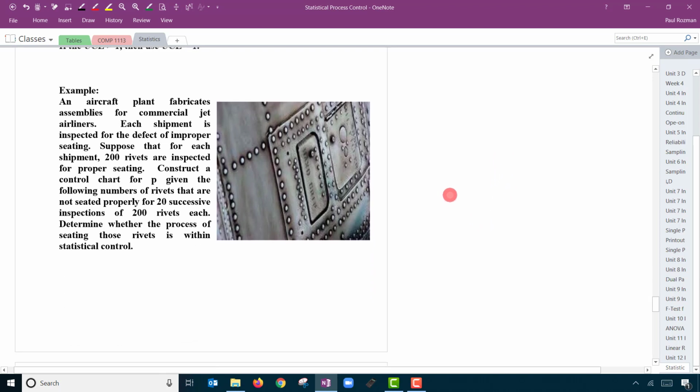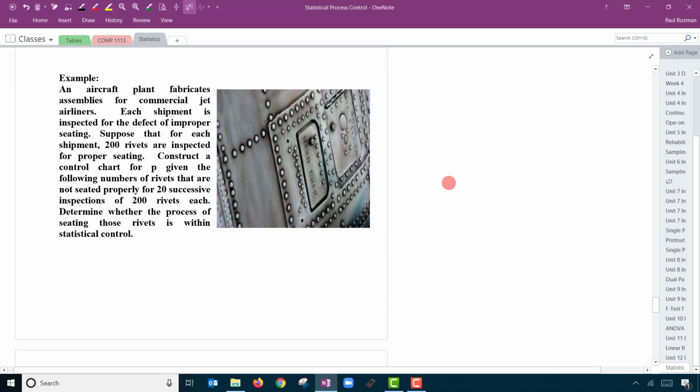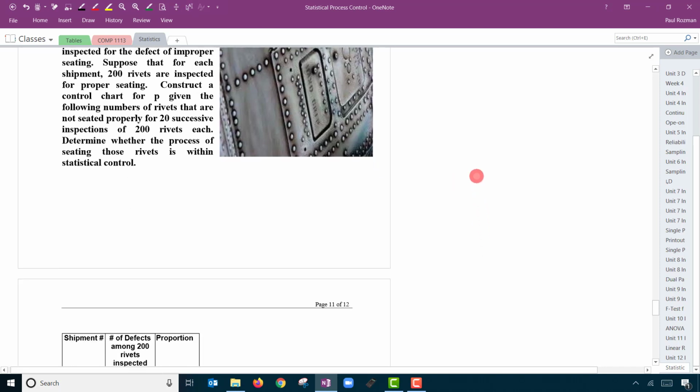Quick little example here. We're going to put rivets into something. You put 10,000 rivets in an airplane or something, and we then inspect 200 of the rivets and evaluate them to see if they're properly seated or not. We do that for 20 shipments, so say 20 different planes, and let's see if we're under control.